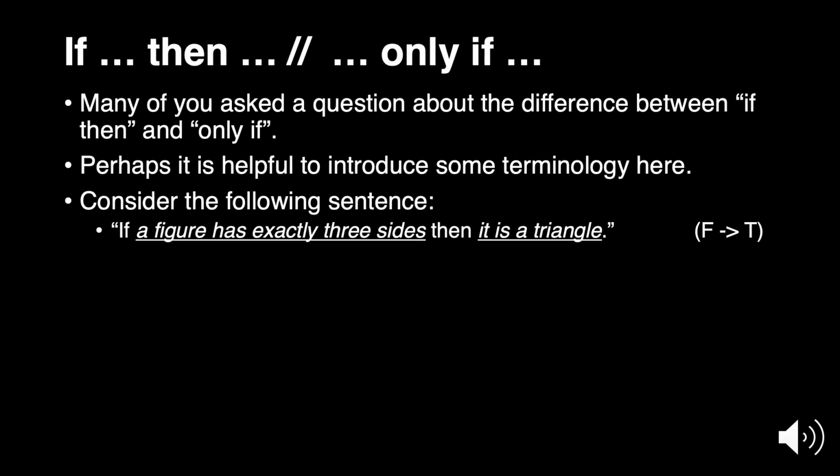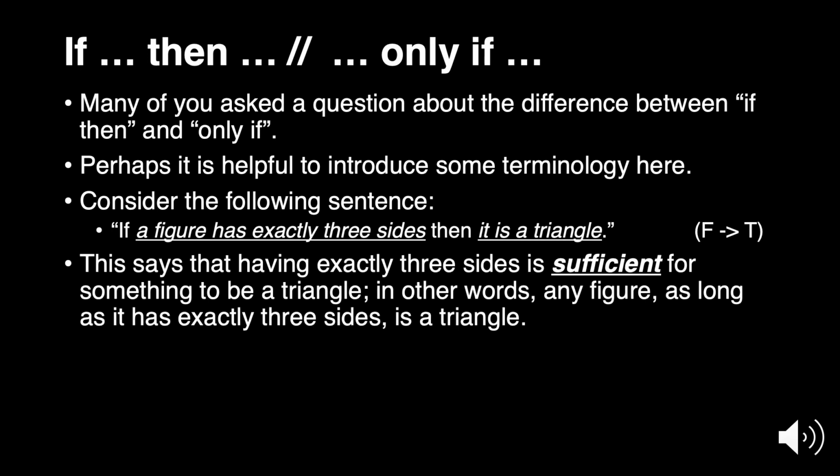So if you want to symbolize this, you have it on the right. F arrow T. Okay. Now, what this says is that having exactly 3 sides is sufficient for something to be a triangle. In other words, any figure, as long as it has exactly 3 sides, is a triangle, right?